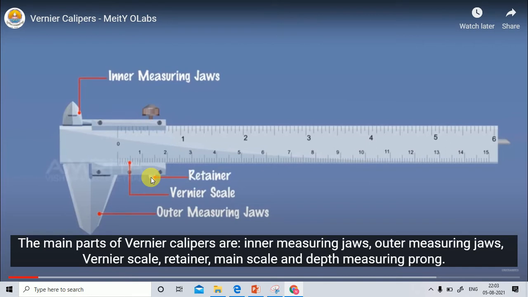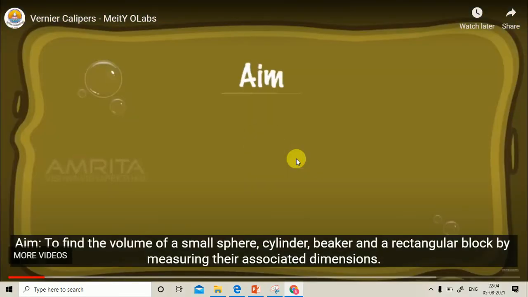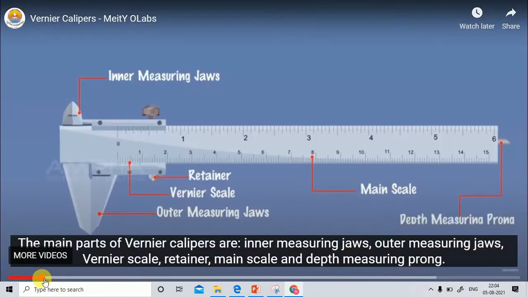And this is the retainer. The retainer is used to move the jaws away from or towards each other. And the scale provided here is called the main scale.